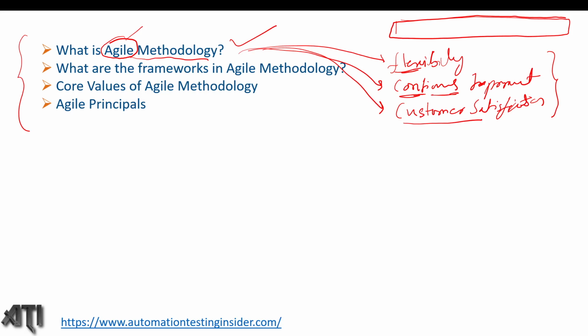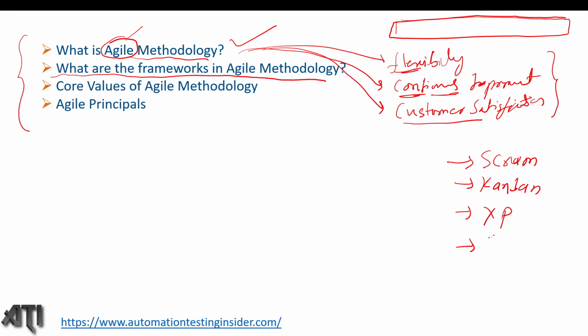Now let's talk about what are the different frameworks we have in agile methodology, right? There are different frameworks like the Scrum framework, we have Kanban, XP (extreme programming), and we have SAFe agile, and we have the lean framework as well.